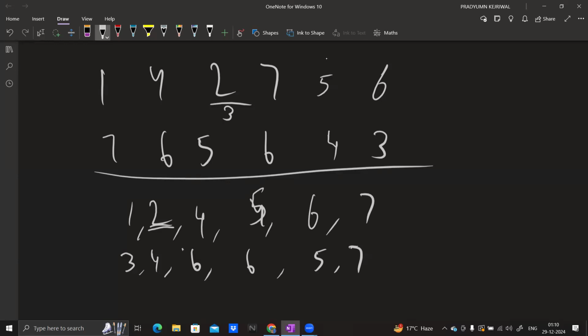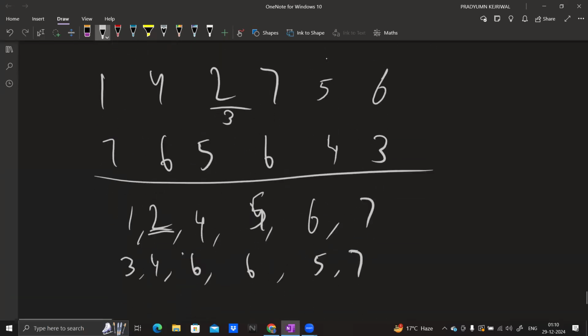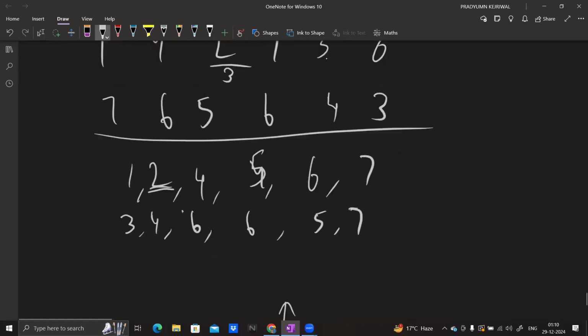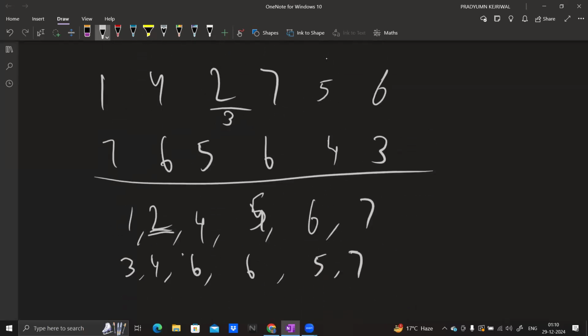For that we can just store. After we sort, we can store for each element where it is in the array. Exactly. So technically what we are doing is we'll make a new array.